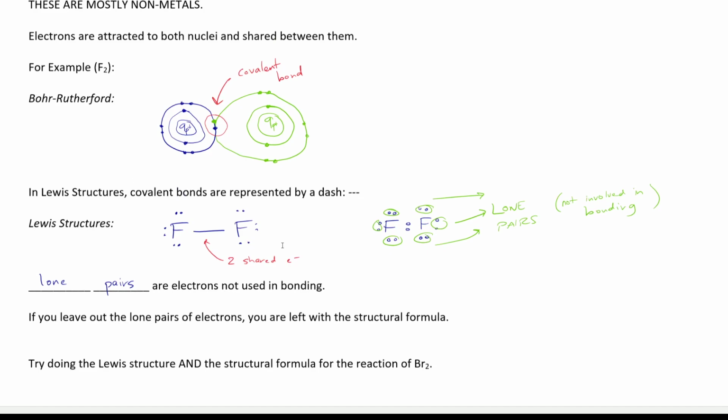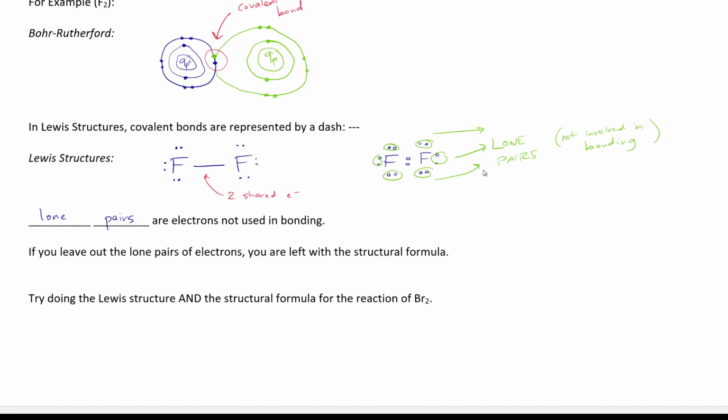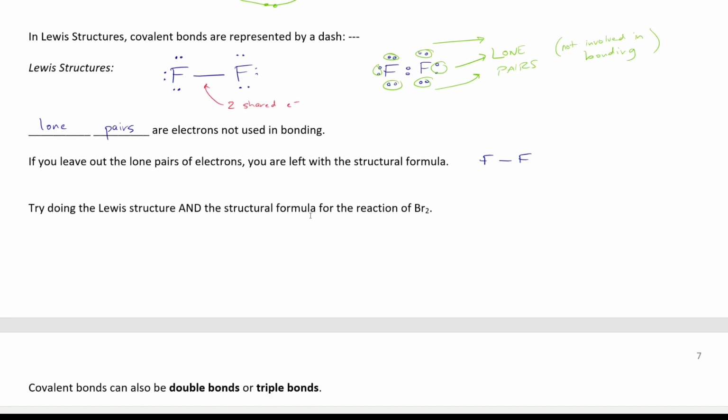If you leave out the lone pairs, you are left with what's called a structural formula. So this F bonded to F is a structural formula. So if we were to look at the reaction that forms bromine, we'll see that bromine right here has 2, 4, 6, 7 valence electrons, and we have a bromine here, 2, 4, 6, 7, right?